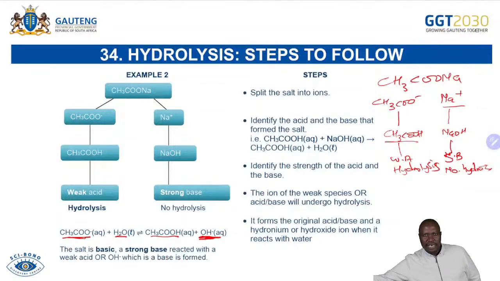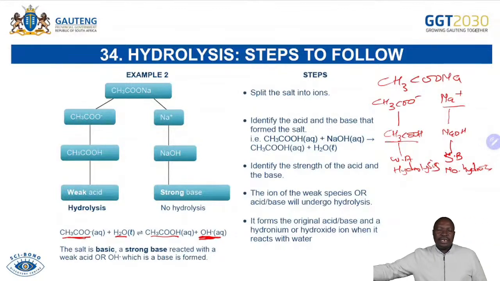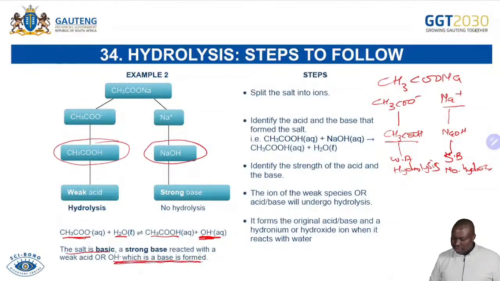The reaction of a salt with water that forms hydronium ion is an acidic salt. So now you can conclude that this salt is a basic salt because we had a strong base reacting with a weak acid, the stronger one wins. Or you will say because OH-, which is a base, is formed. So that is how you will always conclude.